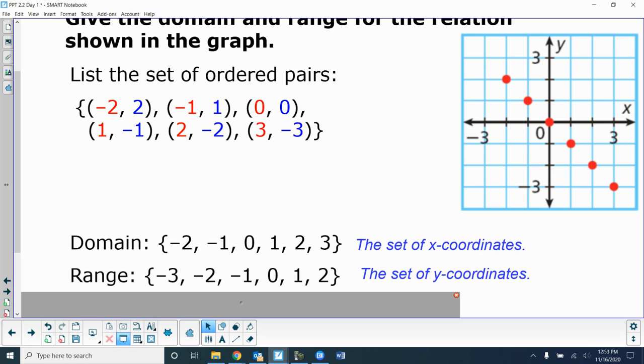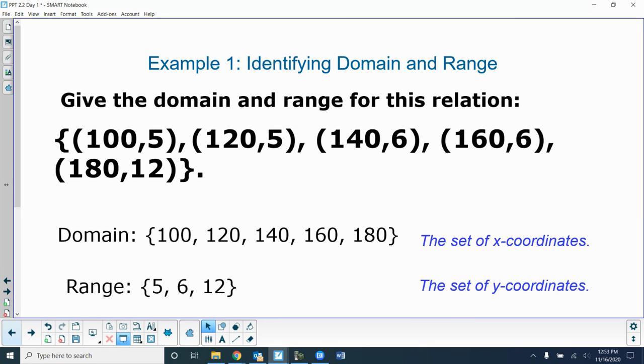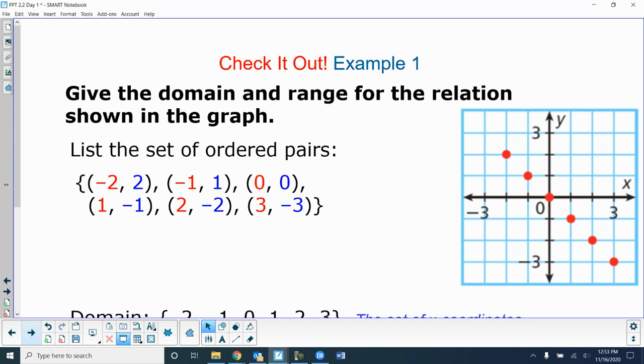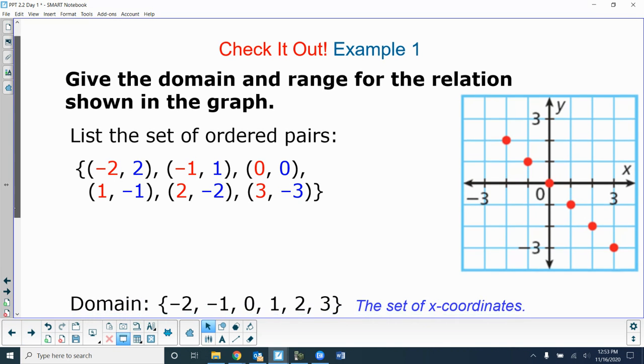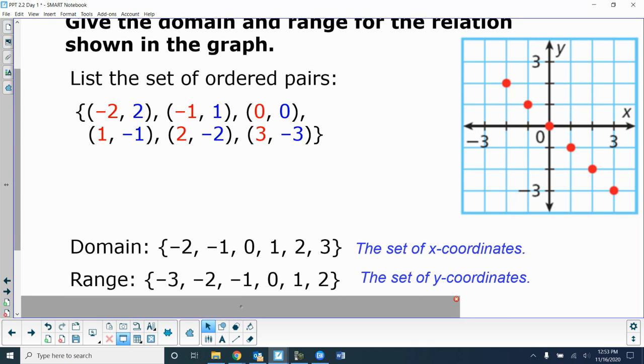That make sense? So I expect you to be able to look at a set and tell me domain and range, and I expect you to be able to look at a graph and tell me domain and range. Any questions so far? Pretty easy, isn't it? You guys remembering this from last year, hopefully?